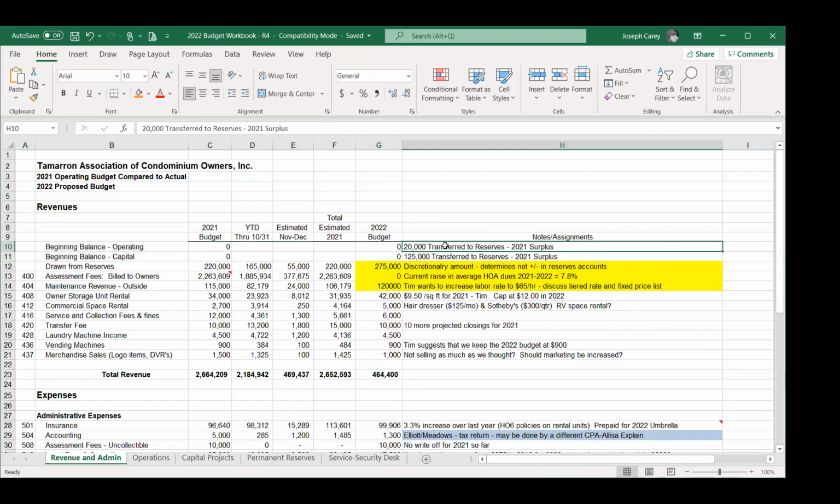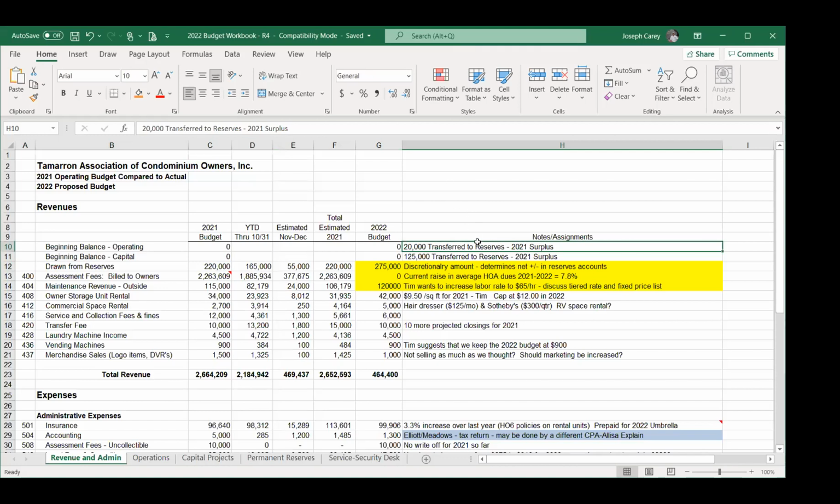So right now we have $20,000 expected to be surplus for 2021, which our new policy since this year is to immediately transfer any surpluses into reserves.